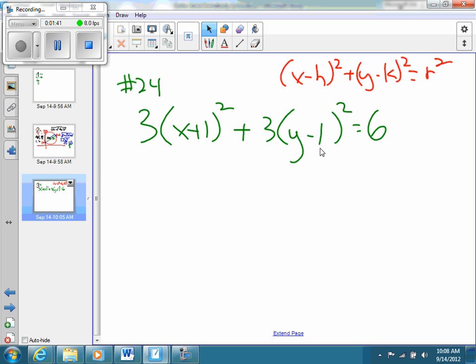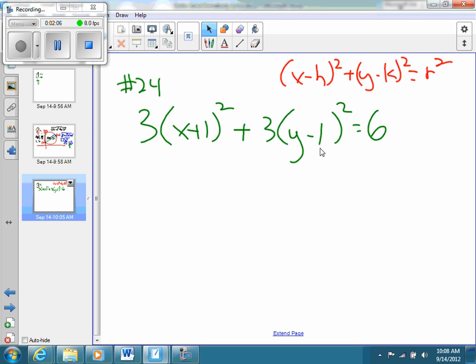What am I going to do? I want to make this look like that so that I can identify my center and my radius. Divide all sides by 3, right? We can start with that.